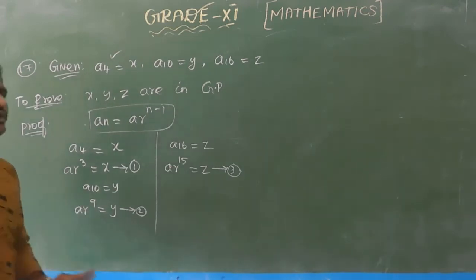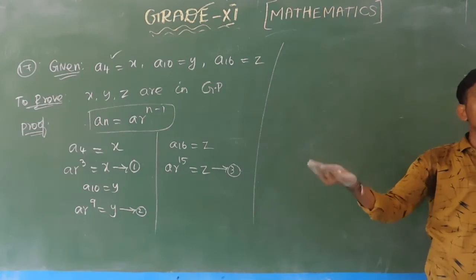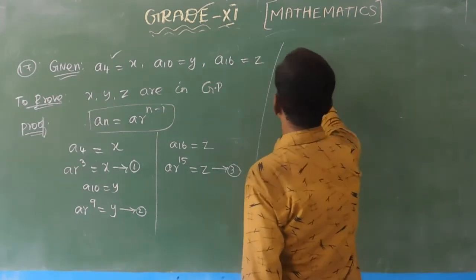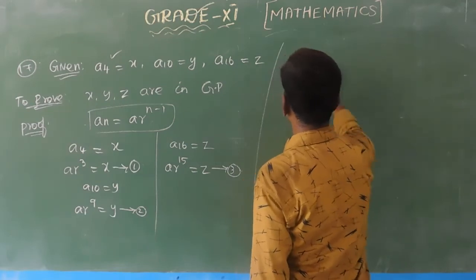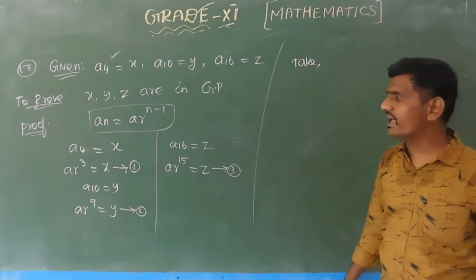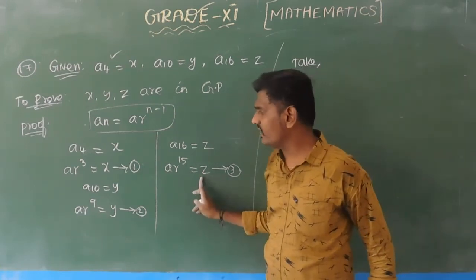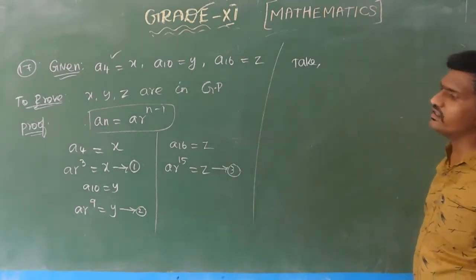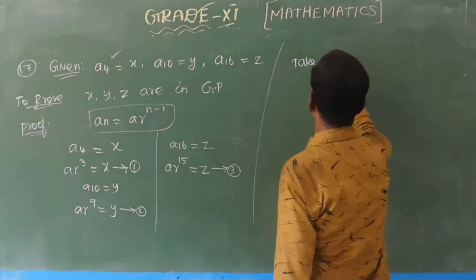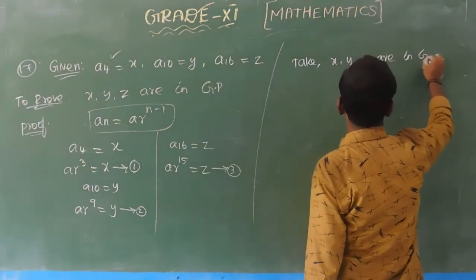So students, now what we are going to prove: x, y, z are in GP. We have one concept. Take x, y, z are in GP.